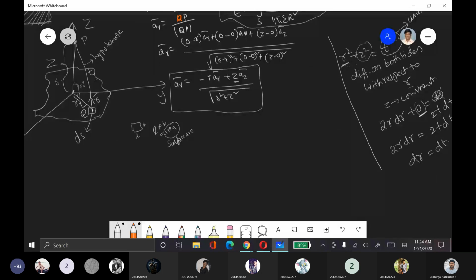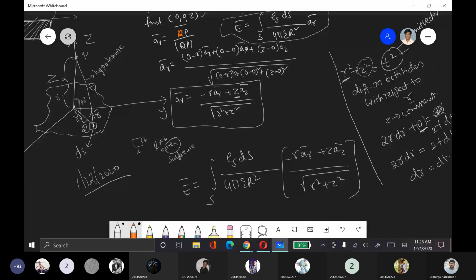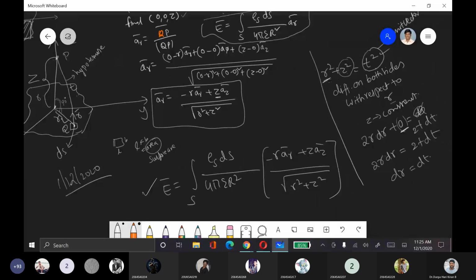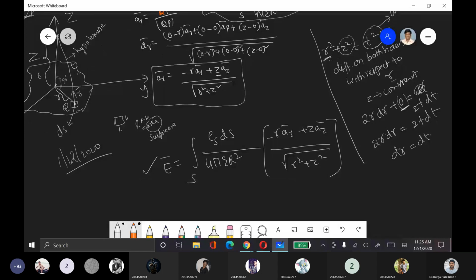So I will write everything from the above: integral rho s ds by 4 pi epsilon r square into minus r ar bar plus z az bar by root of r square plus z square.